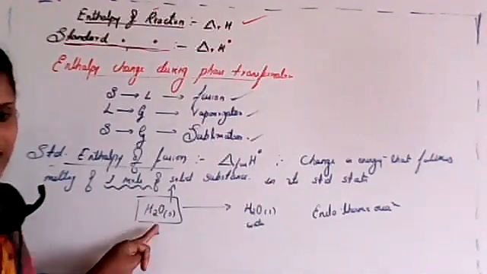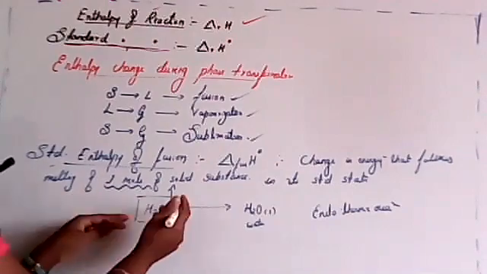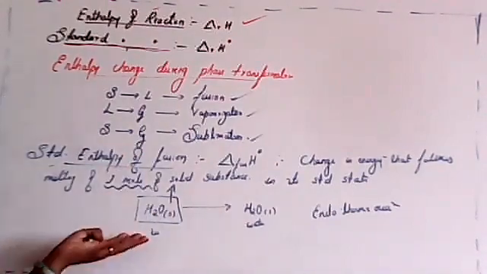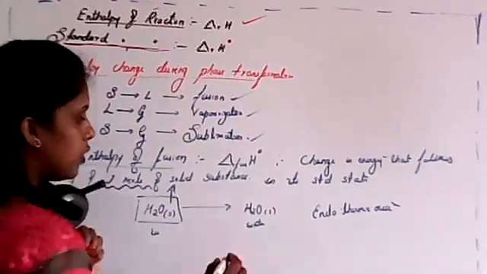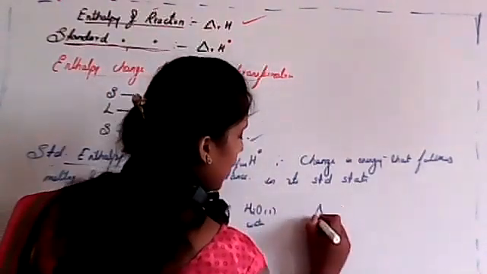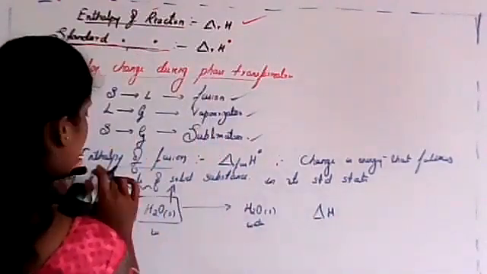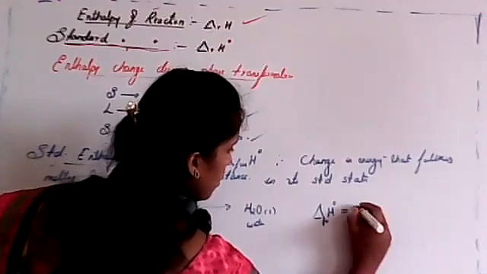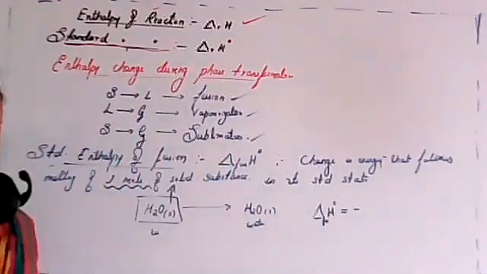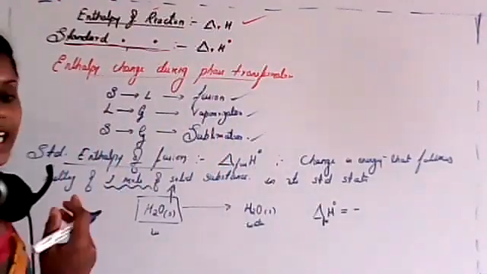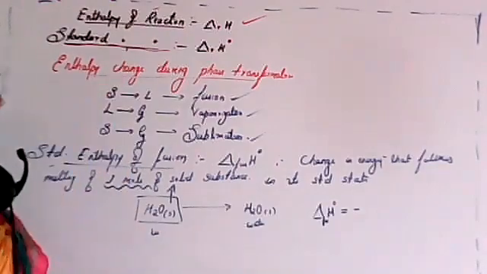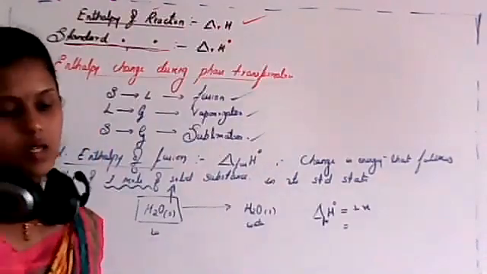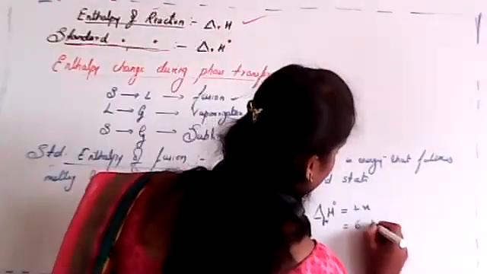Water is the system, which is at a higher heat because of absorption. So I'll write delta FUS H equals negative or positive in this case, student? It is endothermic, heat is absorbed by the system. It is positive. So that equals 6 kilojoule per mole.